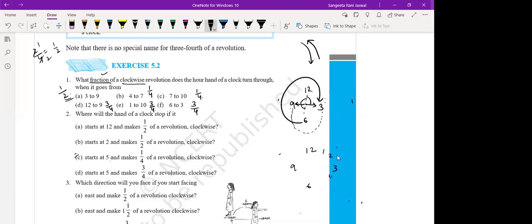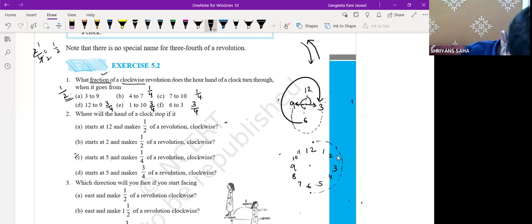You can make it in your notebooks. Okay, this is the clock. It starts at 12 and makes half a revolution. Where will it stop? 12 is here. So it started and is taking half a revolution. Where will it stop? Yes, at 6. It will stop at 6.